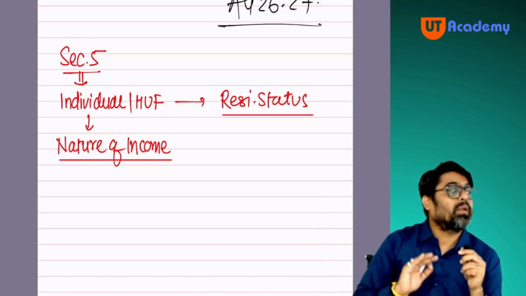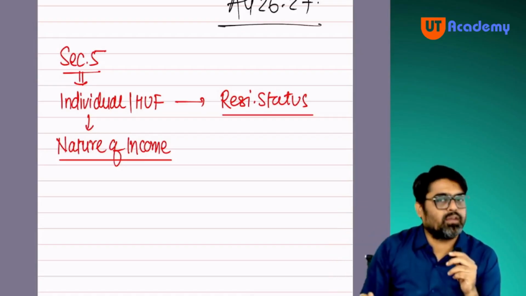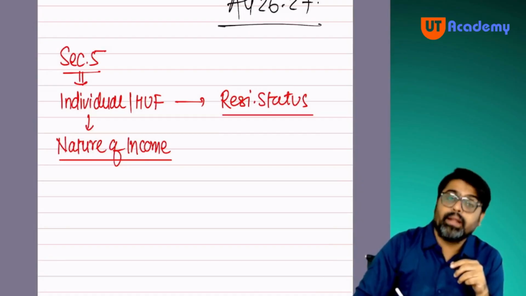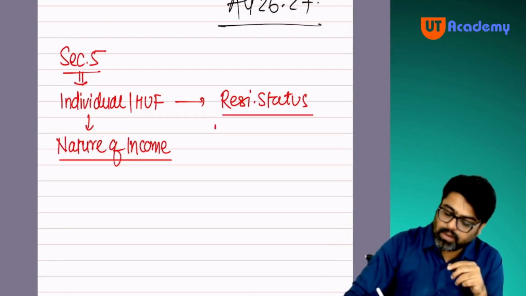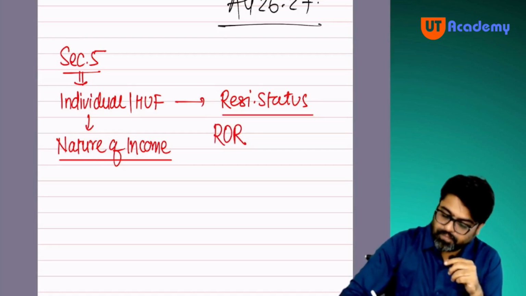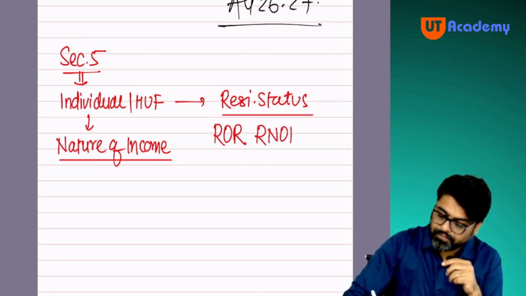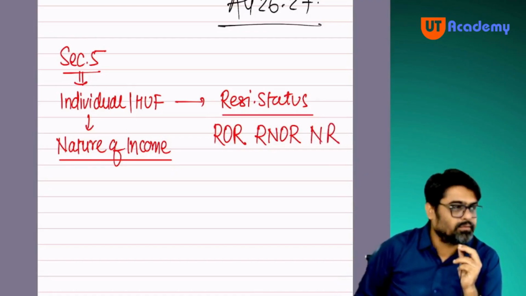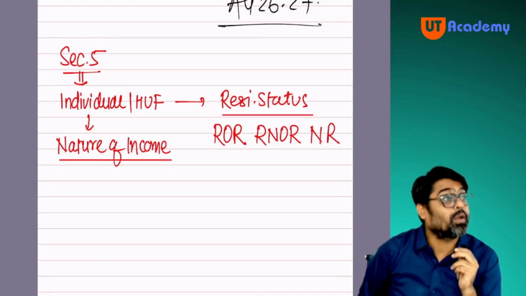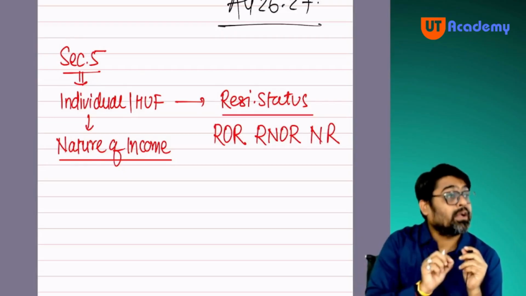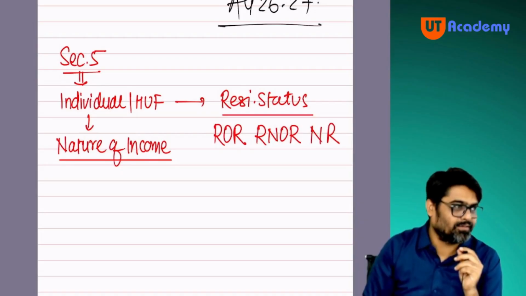When we learn the residential status under section 6, we'll come to know that for individuals and HUF, the residential status will be ROR, RNOR or NR. NR you must be knowing, non-resident. ROR means resident and ordinarily resident.